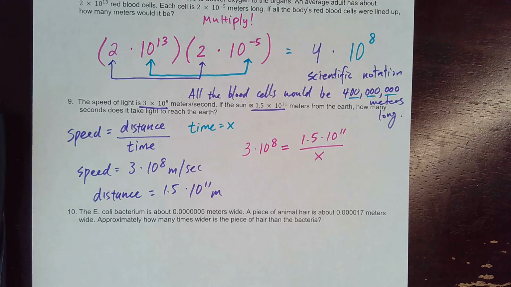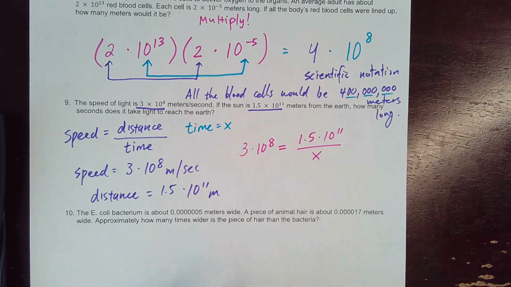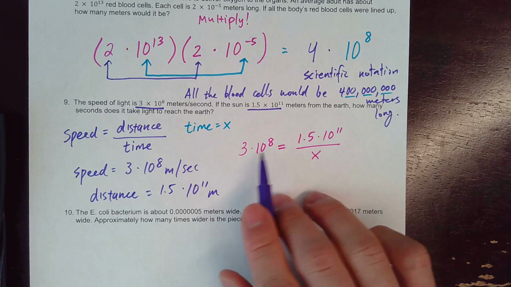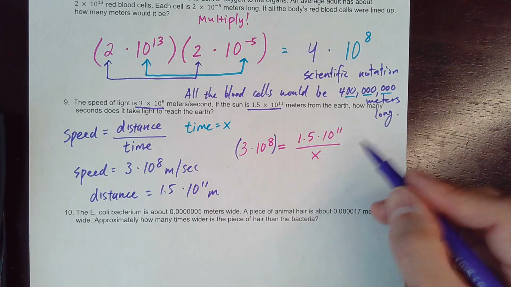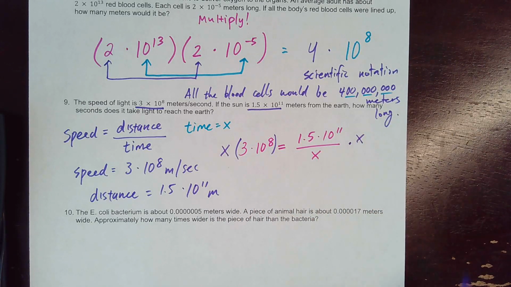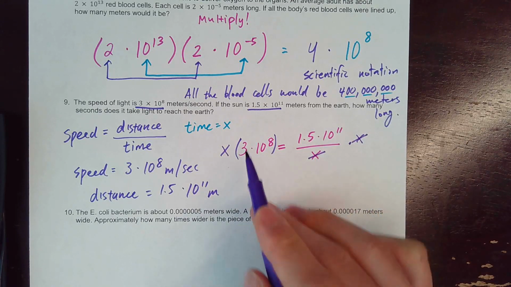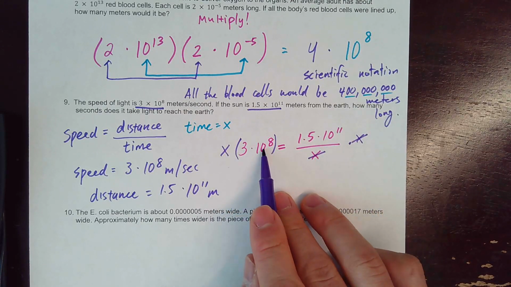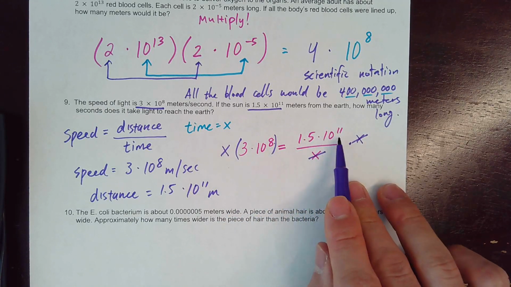Right? Now, you'll have more practice with this in, let's say, physics or another class in the future, maybe in high school. But one process that we can do is we can literally multiply both sides by x, and you would get x times here, and then you would get x right there, right? When you multiply both sides by x, you cancel the x's, and then you end up getting 3 times 10 to the 8 times x is equal to 1.5 times 10 to the 11.